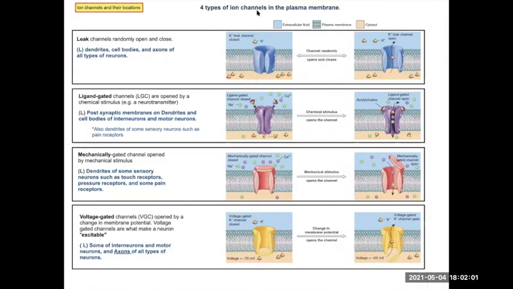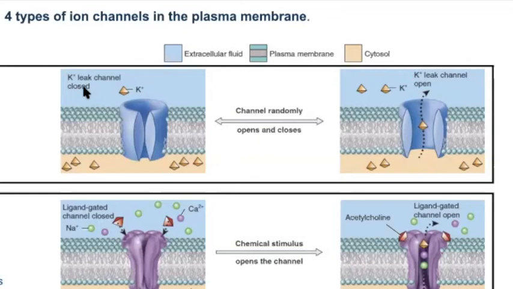So when I ask you about these ion channels, I'm talking about their location, where they might be found on a particular neuron. We have these four types of ion channels that are important for your resting membrane potential, the graded and action potentials. Your leak channels are the sodium and potassium leak channels, mostly potassium ones, which are much more heavily represented in the cell membrane of neurons. They'll be all over the place.